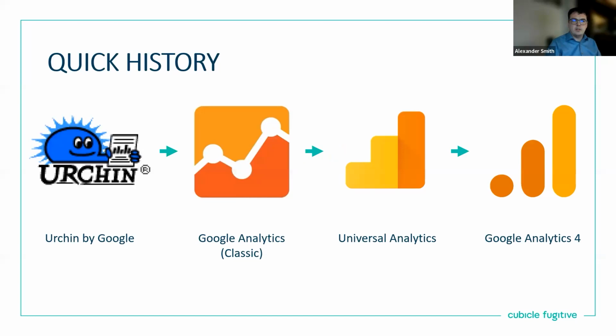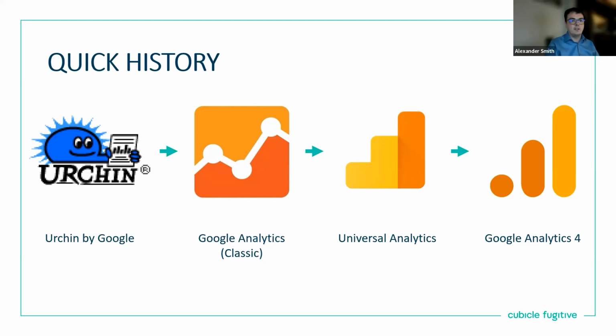Let's talk a little bit about history here. We won't spend too long on this, but a little bit of quick history. So Google Analytics 4, this is the newest version of Google Analytics, and it's replacing Universal Analytics, sometimes referred to as UA. Universal Analytics debuted back in 2012, back when the internet was a different place.